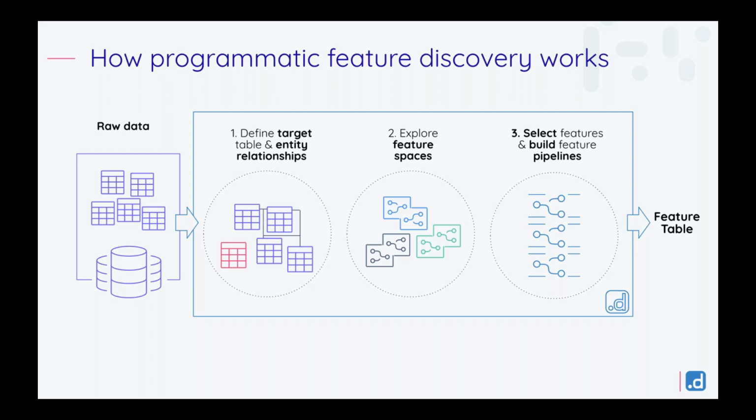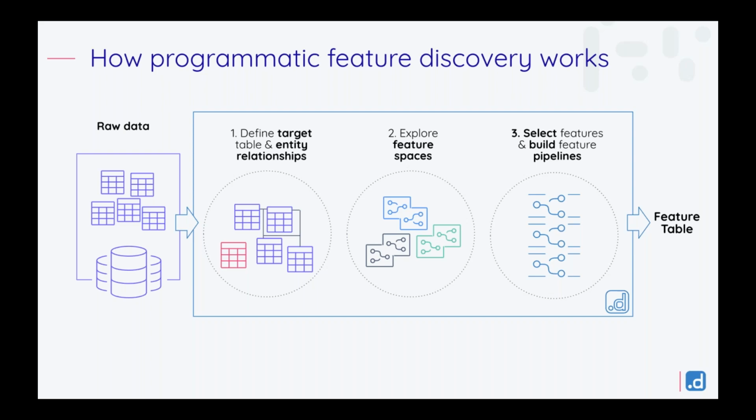Then with that, we can select features, we can modify features, we can even build our own features, and we can construct a feature pipeline. Going through all of this, we can come up with the features that are relevant to the particular problem we are interested in, and that is the feature table.